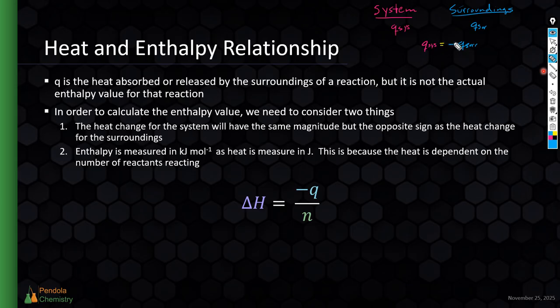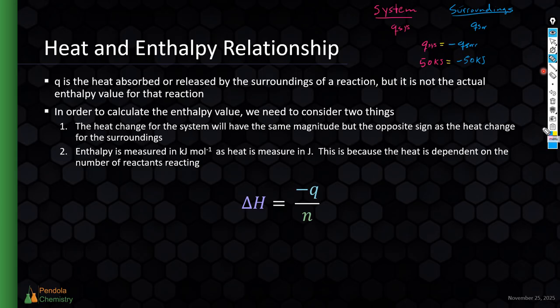They're the same magnitude. So if the system absorbs 50 kilojoules, then the surroundings are going to lose 50 kilojoules. Why? Because those are the only two things present. The heat given off by the system is absorbed by the surroundings, and vice versa. The heat absorbed by the system is given off by the surroundings.